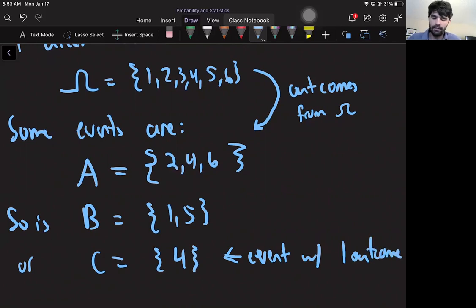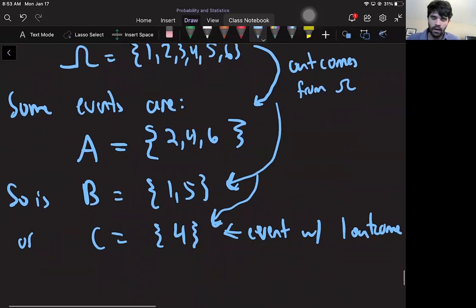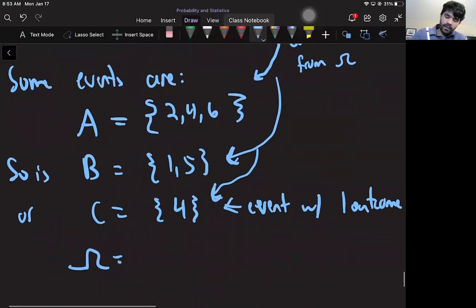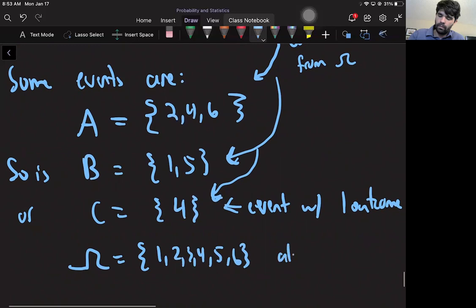It's still a set consisting of things coming from omega. So as long as it does that, then it counts as an event. Even the whole thing itself is an event. It's an important event. An event where something has to happen. So that's going to be important later.